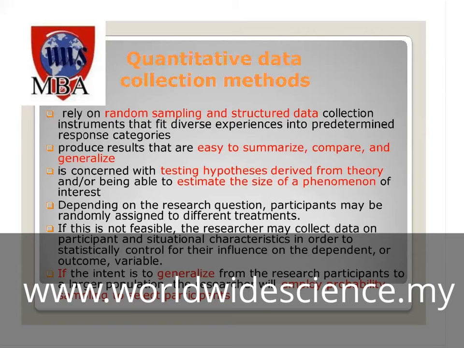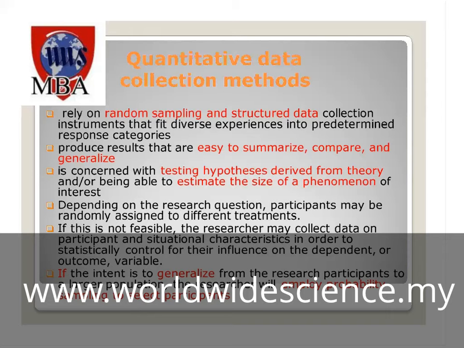The other thing is, depending on the research question, participants may be randomly assigned to different treatments. And if it is not feasible, the researcher may collect data on participant and situational characteristics in order to statistically control for the influence on the dependent and outcome variable. And the other important point is, if the intent is to generalize from the research participants to a large population, then the researcher will employ probability sampling to select participants.